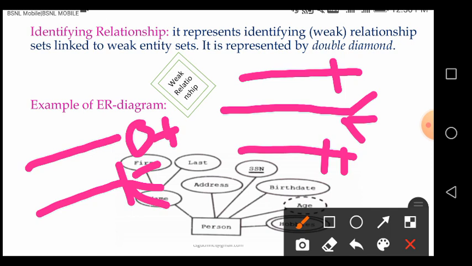This is one or many. Next one is zero or many. These are six notations used in entity relationship diagrams.